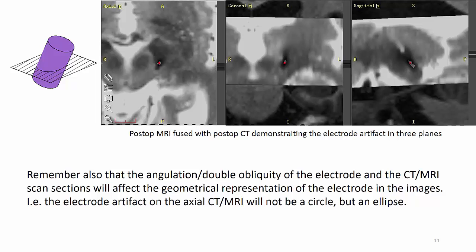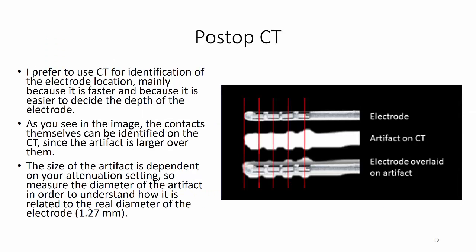Remember also that the angulation of the electrode and the CT-MRI scan sections will affect the geometrical representation of the electrode in the images. So the electrode artifact on the axial CT-MRI will not be a circle but an ellipse. Concerning postoperative CT, I prefer to use this for identification of the electrode location, mainly because it is faster and because it is easier to decide the depth of the electrode.